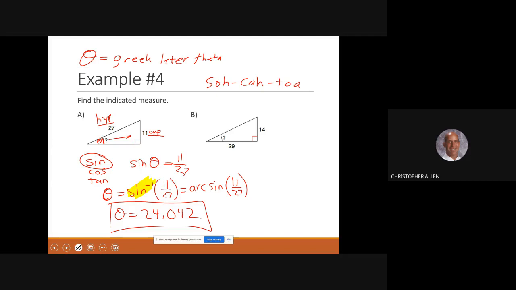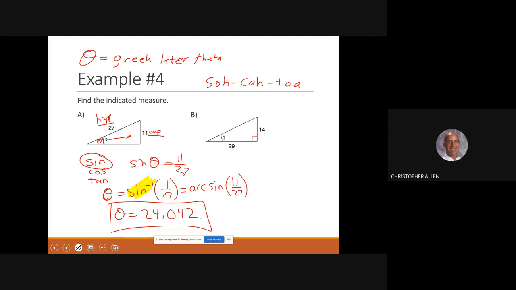Are you good, Tomas? Yeah, you got a harder one, don't you? You've got to do shift, hit that, and then where's your sine button? Hit sine. And now do 11 divided by 27. Okay, get clear. Let's try this then. Do 11 divided by 27.